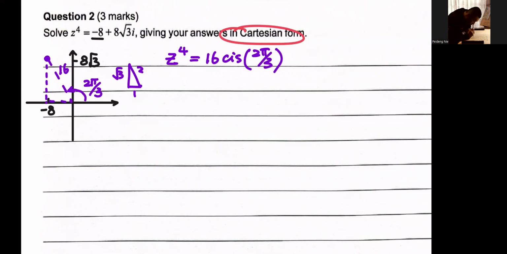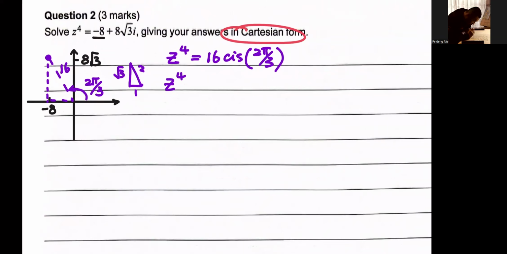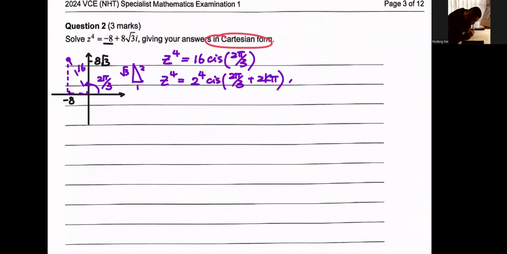Now I need to rewrite the polar form, like 2 to the power 4 cis 2 pi over 3 plus 2k pi, and this k value can take 0, plus or minus 1, plus or minus 2, etc. Once I take the fourth root, I get z equals 2 cis of the angle divided by 4.